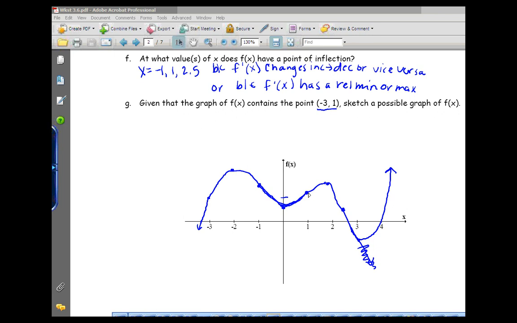And then from 1 to 2.5, the graph is concave down again. I could probably do a better job there. And then concave up from 2.5 to infinity. And once again, it's just a possible sketch of a possible graph of f of x. There are lots of different ways that you could make this look, specifically where the y values of all of those mins and maxes are.